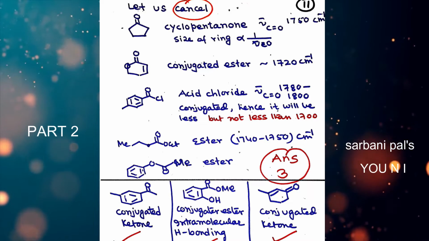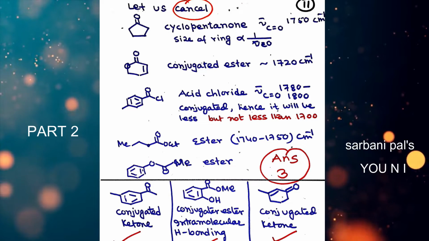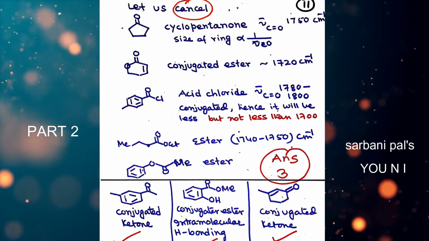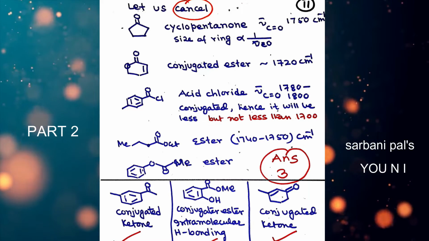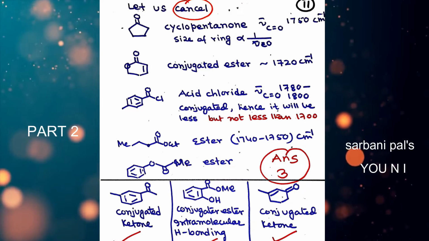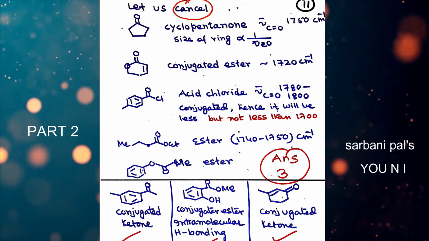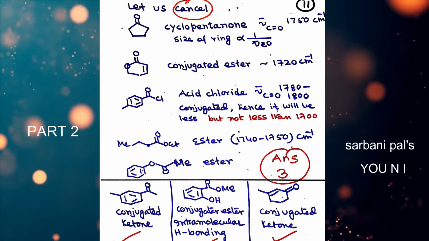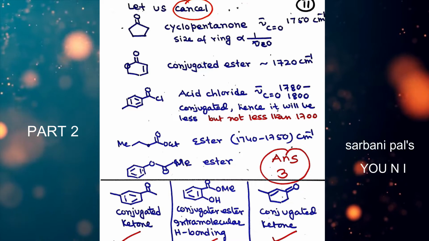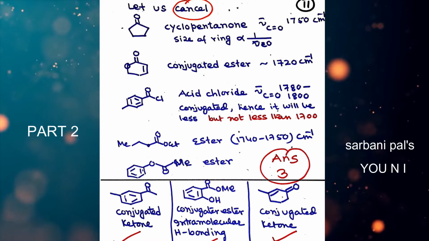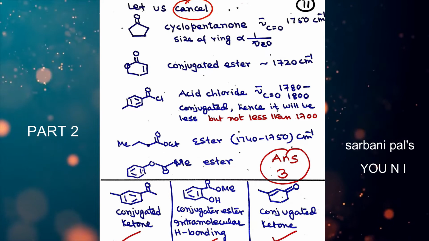Now the fourth one I would like to cancel is one ester, because it appears at 1740 to 1750 centimeter inverse. And so after cancelling these 5 structures, there are 2 esters are there, so total 5 are cancelled. So the leftover 3 structures will give the peak at below 1700, it is expected.